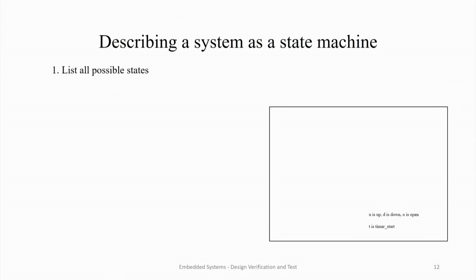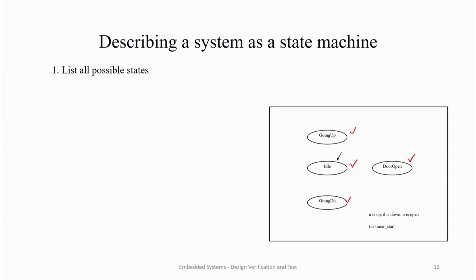First is to list all possible states. What are my states in the current FSM? My states are idle, going up, going down and door open. So, from the English language specification, first we have to think what could be the states of my FSM.